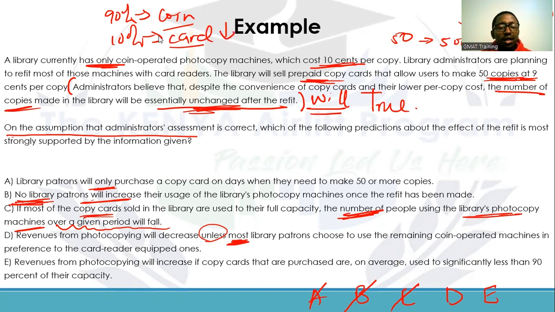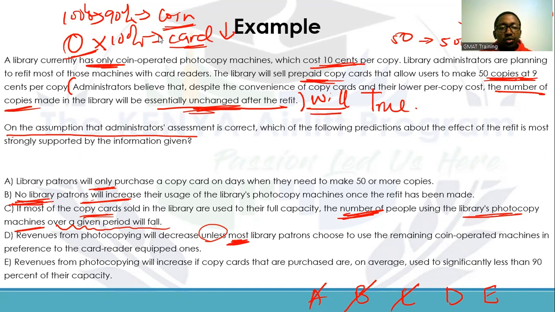So the revenue will decrease even if most library patrons choose to use the remaining coin-operated machines, unless 0% of the patrons use the card readers and 100% of them use coin-operated photocopy machines.